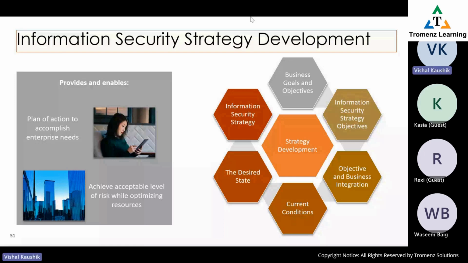When we talk about the strategy objectives, the first question that must be answered is: what is the goal of the strategy, and ultimately the program that it enables? What are the goals of the program?